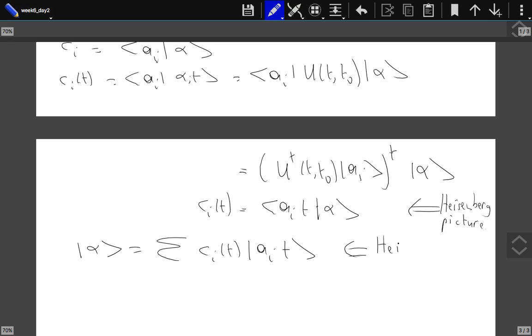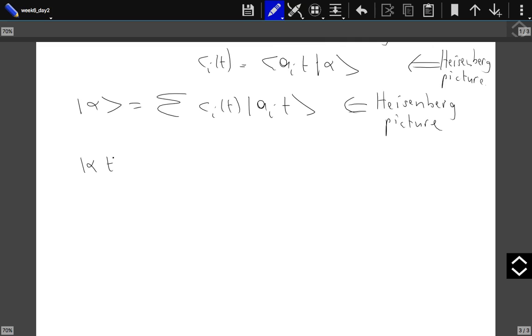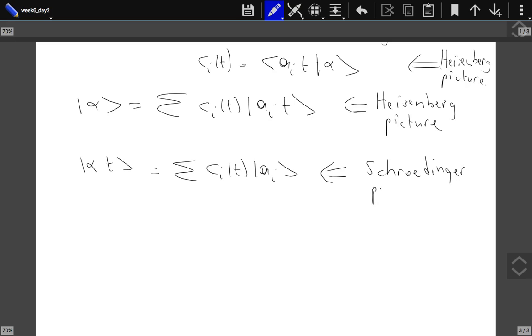This is our Heisenberg picture. Alpha of t is equal to the sum of Ci of t times |AI>. This is the Schrödinger picture. In the Schrödinger picture, the operators are independent of time, so their eigenkets are independent of time. They make a time-independent basis. The state ket, alpha of t, is time-dependent, and that is caused by the time dependence of the coefficients.